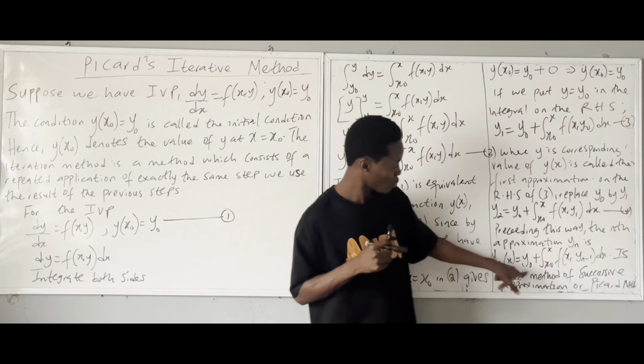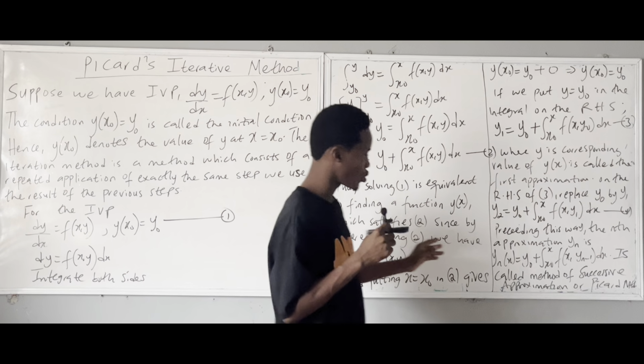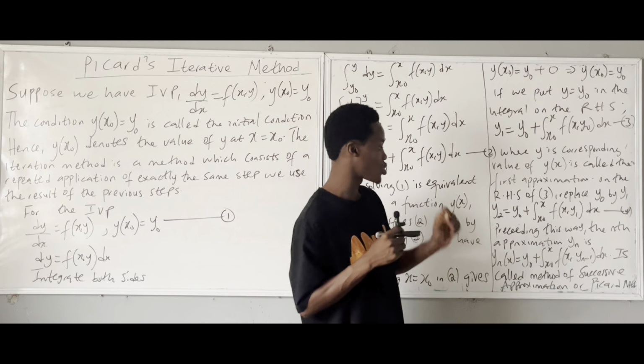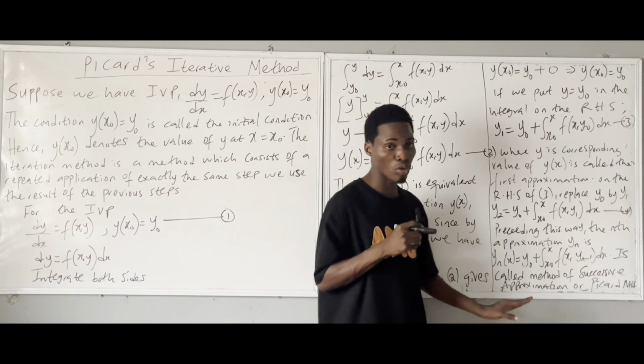This is the formula we use when we are asked to find or show an approximation related to the Picard iterative method or successive approximation. So this method is called the successive approximation method, or Picard iterative method.